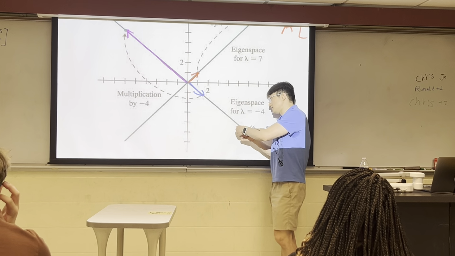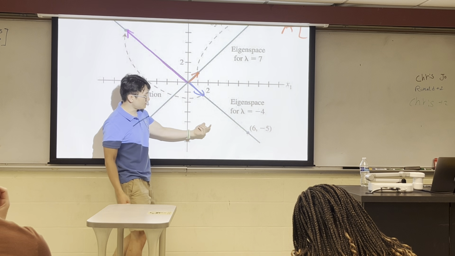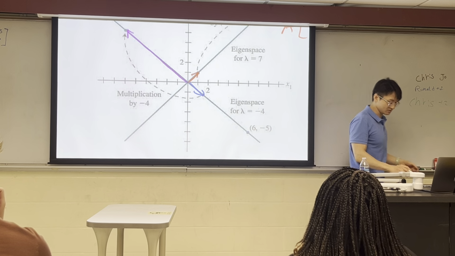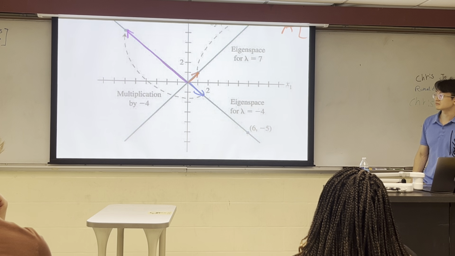You pick any vector from the eigenspace, and that is going to be an eigenvector, right? Then you multiply that eigenvector by A and you get the eigenvalue times it. But an eigenvalue is also any scalar, right? Yes, any scalar.